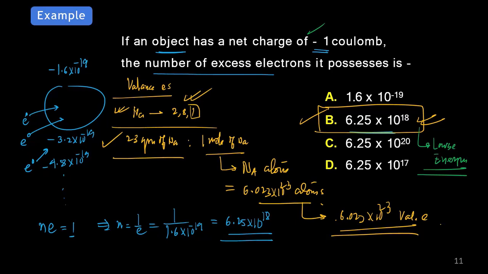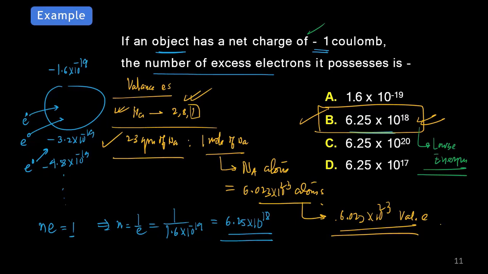That means in reality, charges like minus 1 coulomb, plus 1 coulomb or plus 2 coulomb may not exist on a charged particle. These charges are quite large. In reality, the charge should be very small.